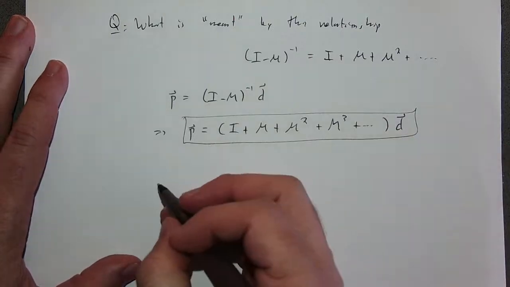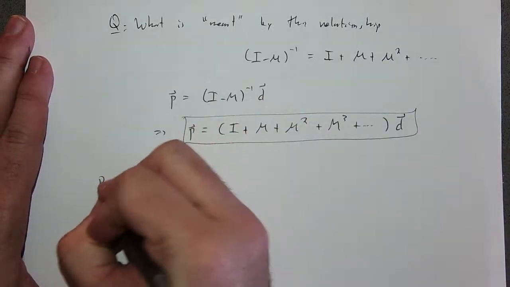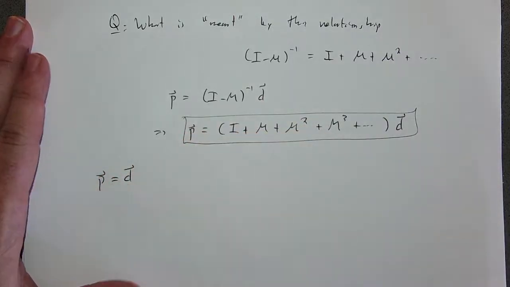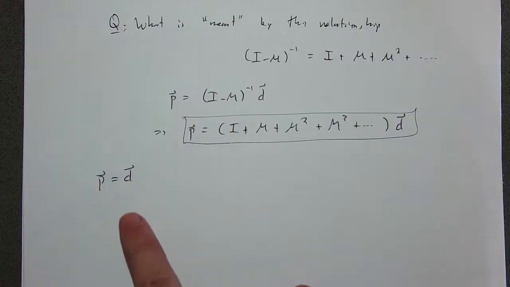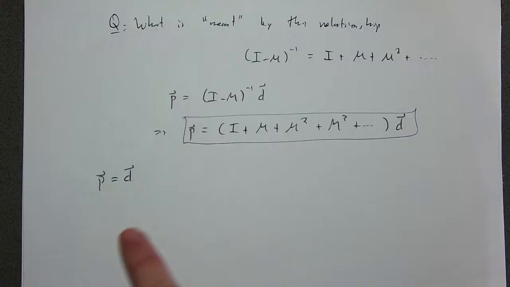So you could say, well, because I know that I need to produce at least the external demand, my production vector is external demand. But of course, this doesn't account for everything. This is only the external demand. It doesn't account for the internal demand. So we need to make not just enough for D, but enough to feed the internal demand.